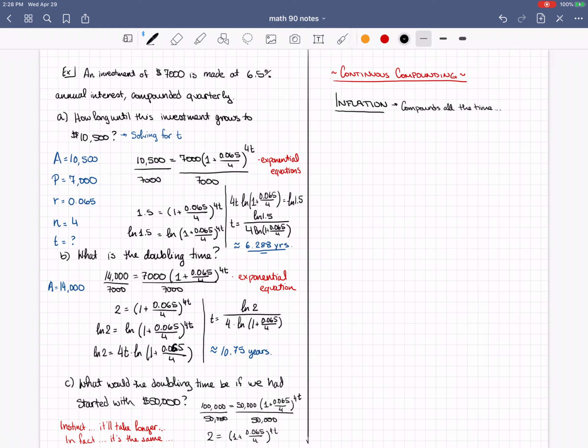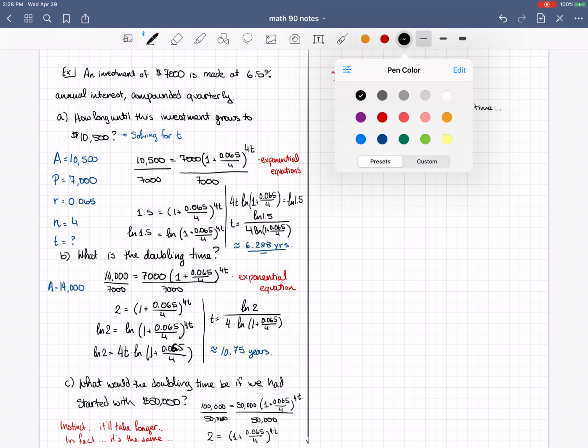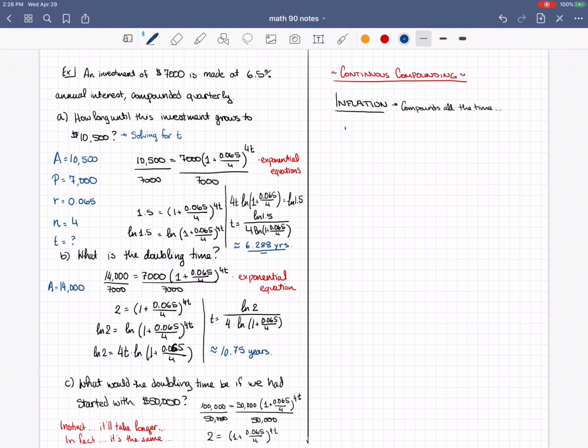So what this means from the point of view of A, P, R, N, and T is that N, the number of compounding cycles per year, is infinite. So that brings up the question, right? None of us have an infinity button on our calculators. So how do you work it?